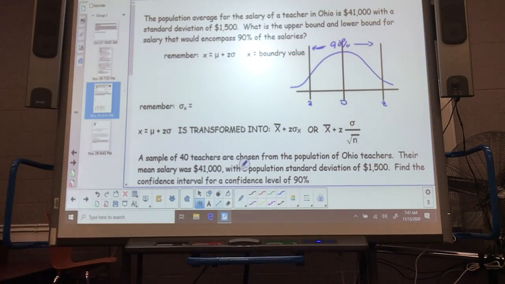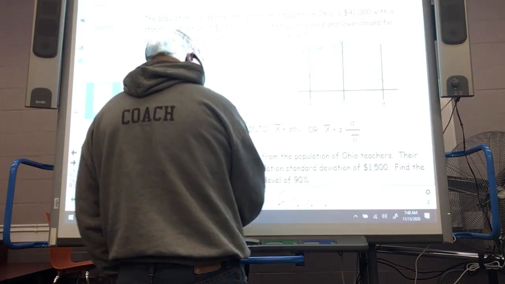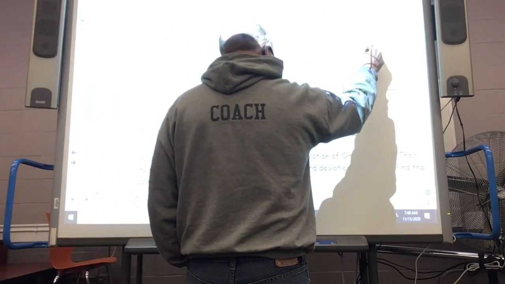This is the same notes we had yesterday. On each side of the 0, if we have 90% there, what are we going to have percent-wise on each side of the 0? 45.